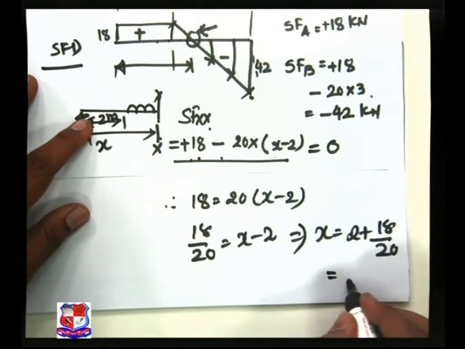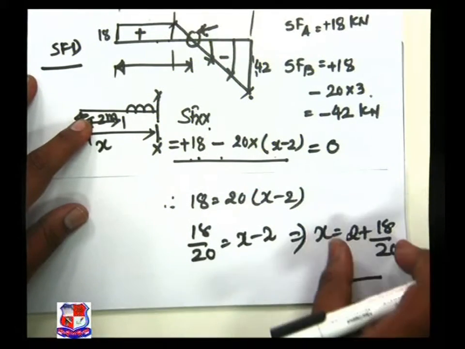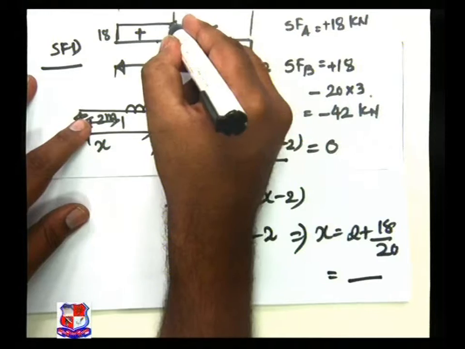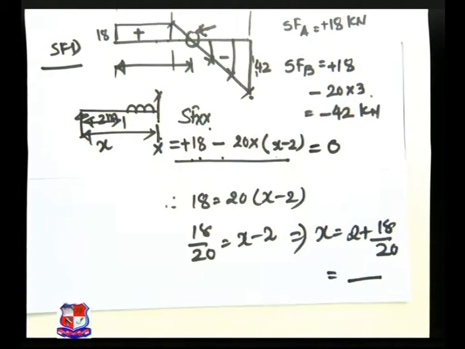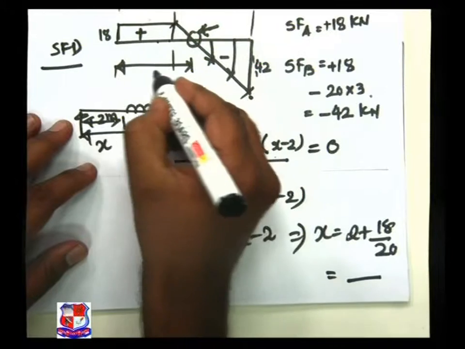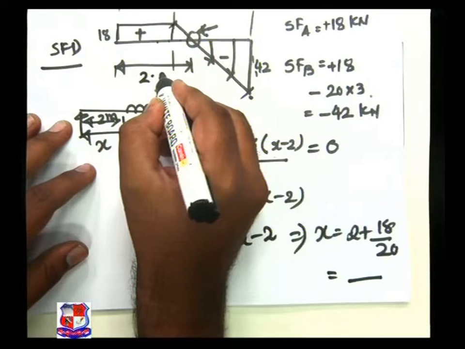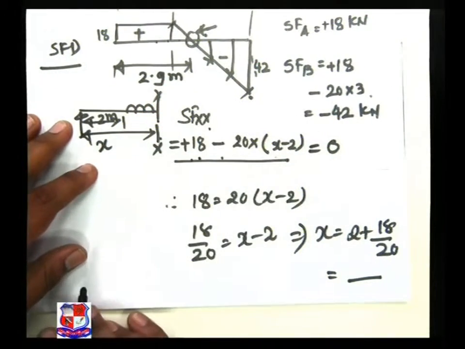Now we can achieve the same value by taking the two different triangles also. So this x value is 2.9 meter.